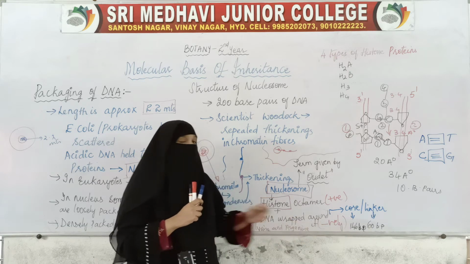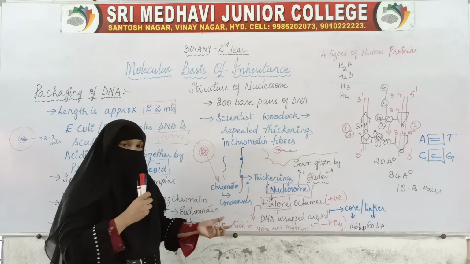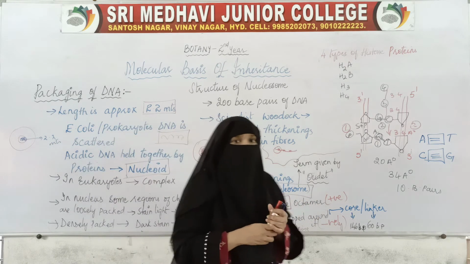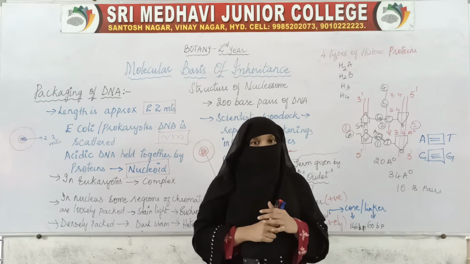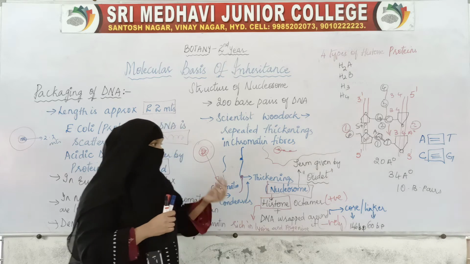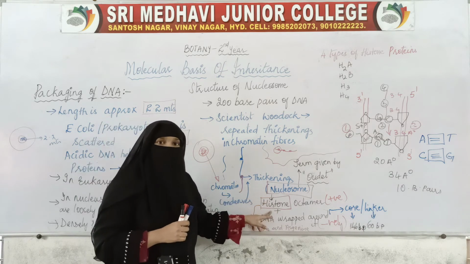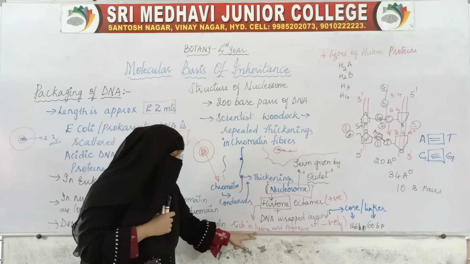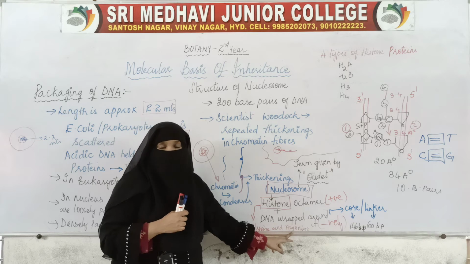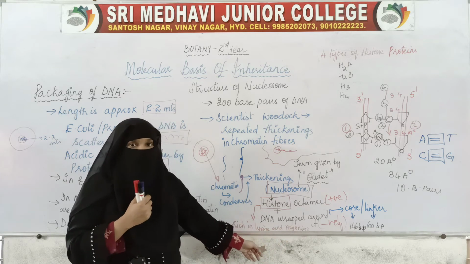Proteins are made up of amino acids, so it is a polymer of amino acids. This histone protein is rich in two amino acids, that is lysine and arginine, which are basically a little positive in nature.